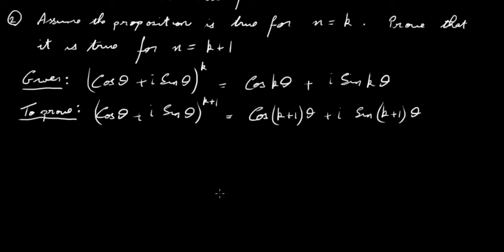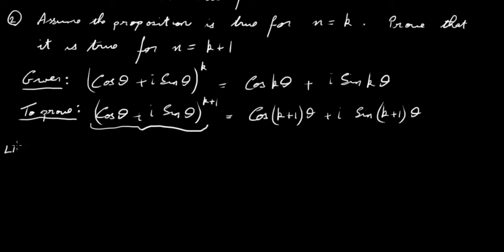Now what we're going to do here is just look at the left hand side of this equation. So we want to prove this, so I'm just going to look at this part here and see if we can turn that into the right hand side.